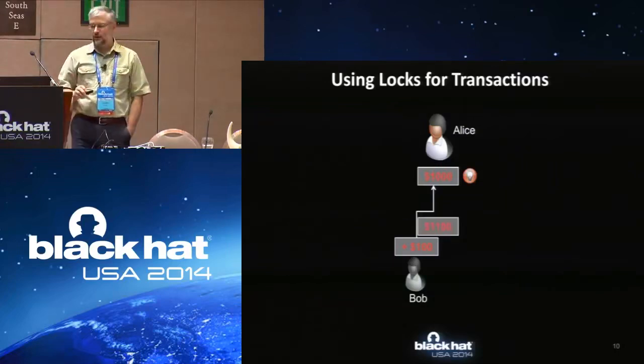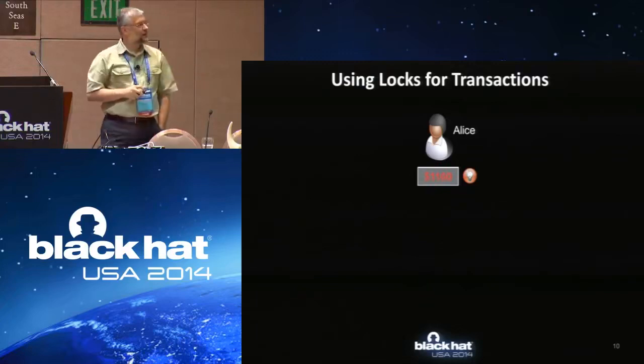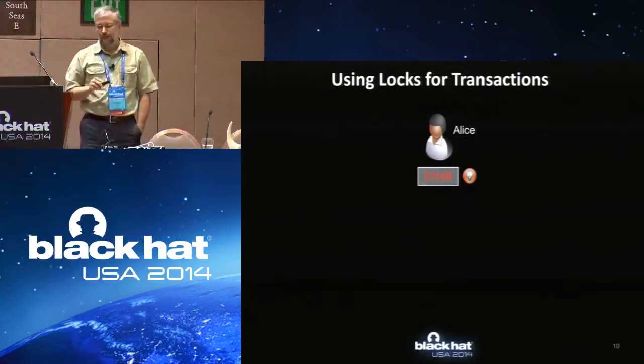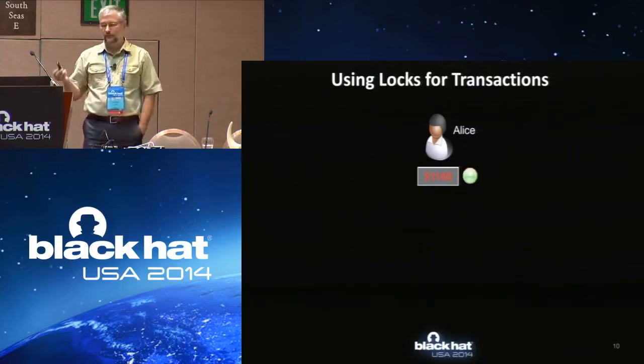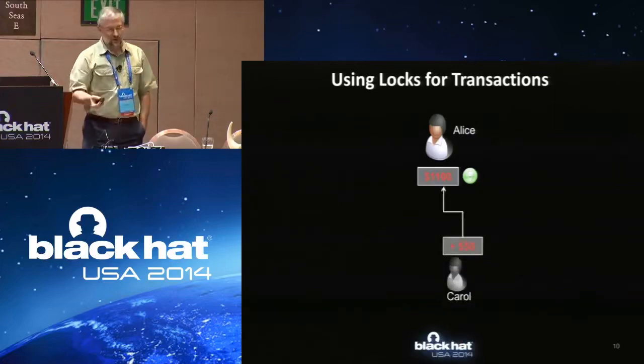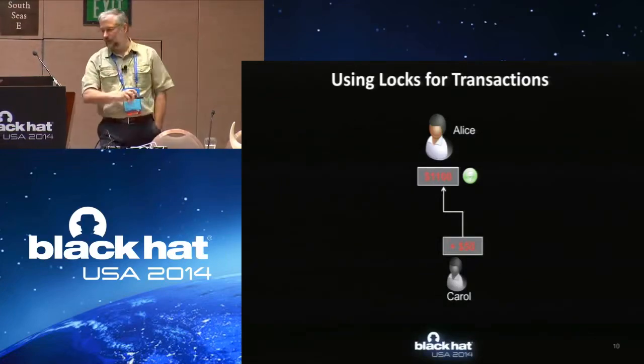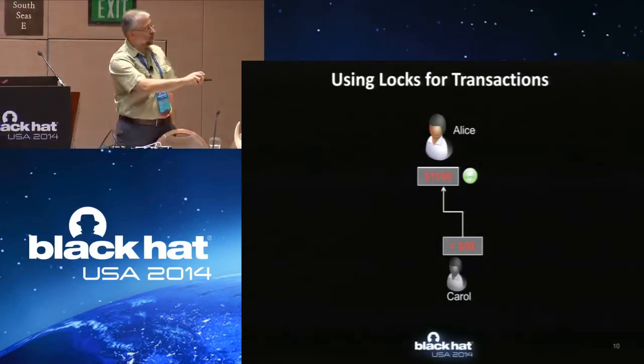Then the transaction is complete, 100 is added. Alice ends up with $100 more than she had. And at this point, the lock can be released, and it's again a green light. Another transaction, which potentially was waiting for the lock, checks it's green, and Carol wants to add $50.